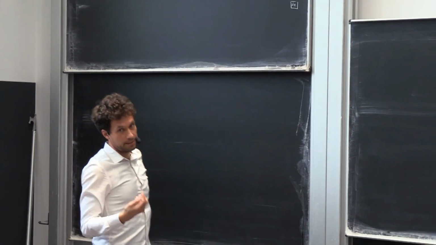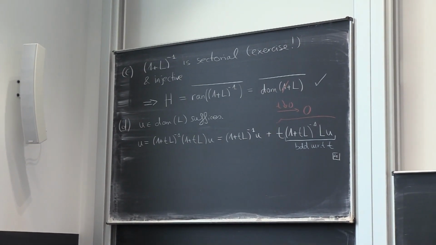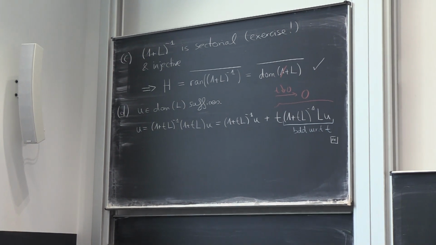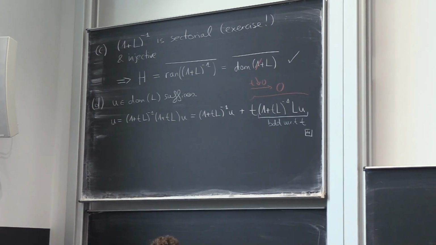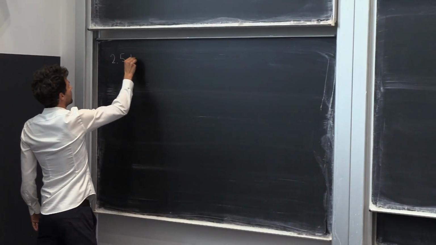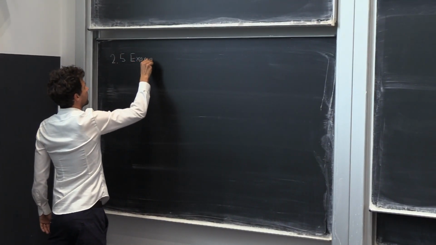So now I think it's time for an example, and what I want to do is pick Robert's favorite example from last week, namely the multiplication operator, and I want to discuss when this guy becomes sectorial.